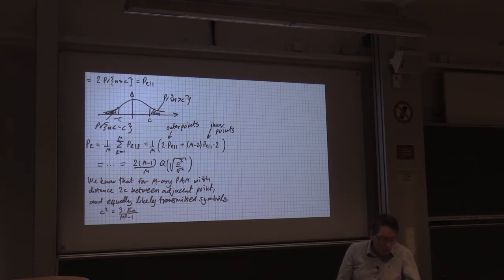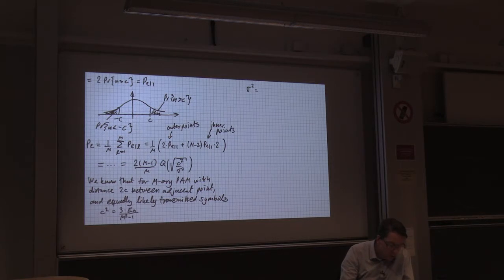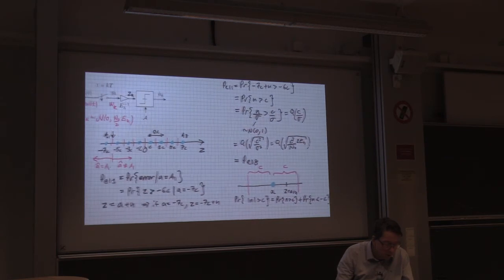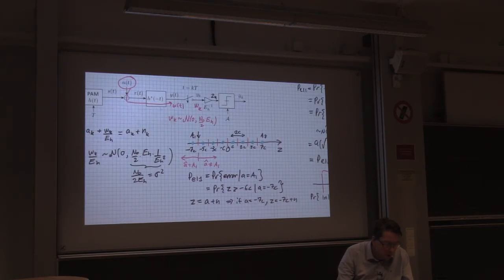And we recall from before, what was sigma squared? Let's go back and see what sigma squared was. Here we go. Sigma squared is N naught over 2 EH.